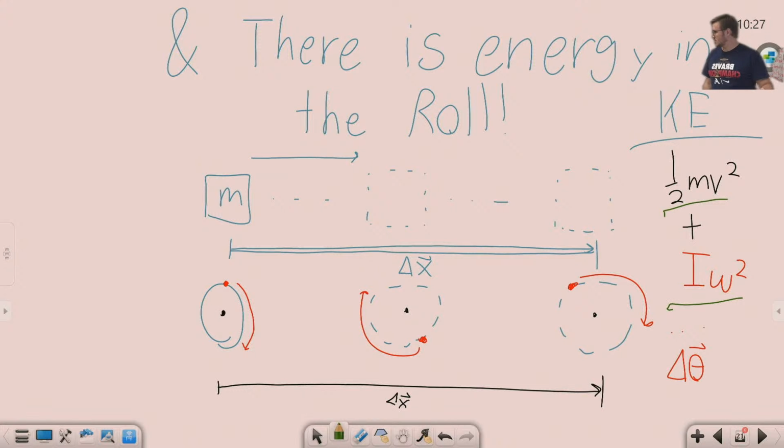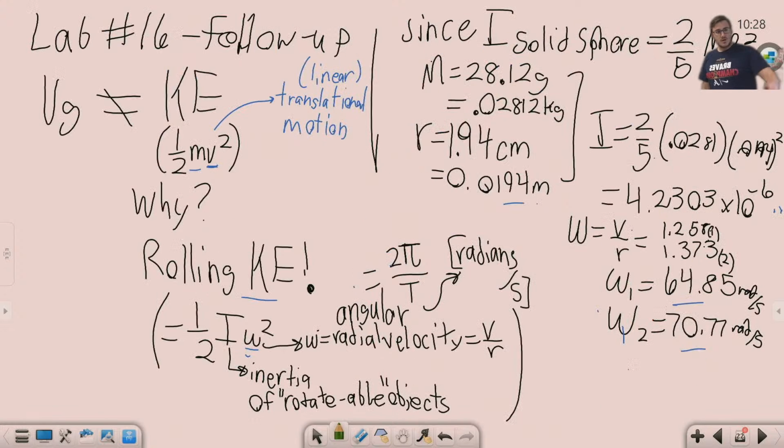This introduces us to another concept of kinetic energy. We've got translational kinetic energy and kinetic energy of rolling. So 1/2 mv squared is translational motion, and the remaining bit is rolling kinetic energy. I'll let you digest that in a minute. I put that up yesterday, but not everyone got to see it.